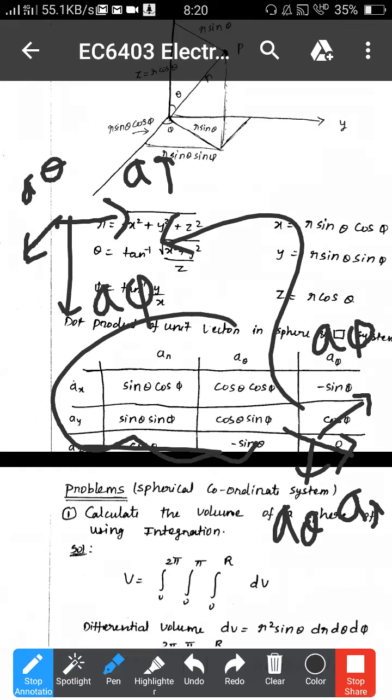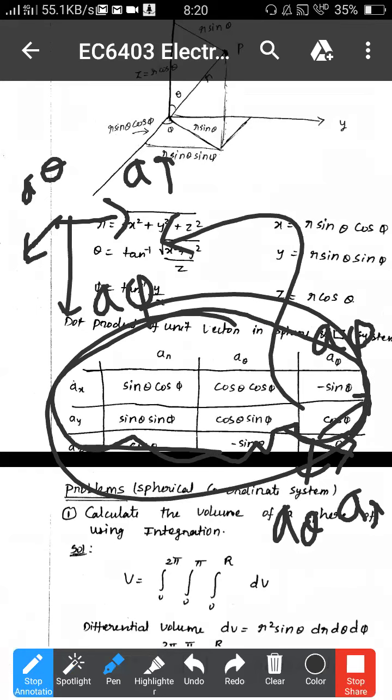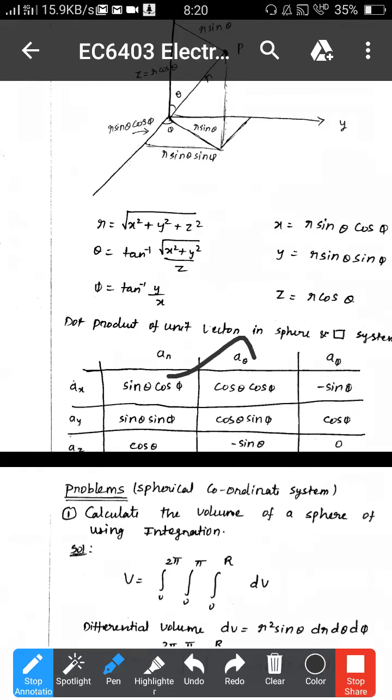The relationship between spherical coordinate system unit vectors and ordinary Cartesian system unit vectors. Sometimes it depends on theta and phi, sometimes only on phi, sometimes only on theta, and sometimes it is 0. I will take one point and give some idea. Please extend your discussion, or otherwise I will give you the idea here itself.